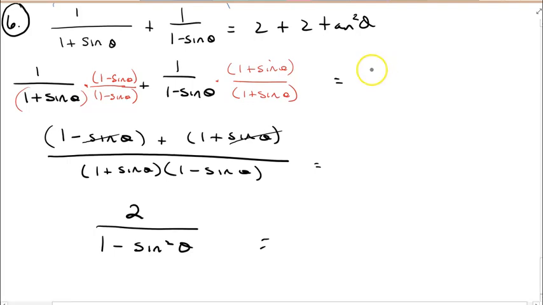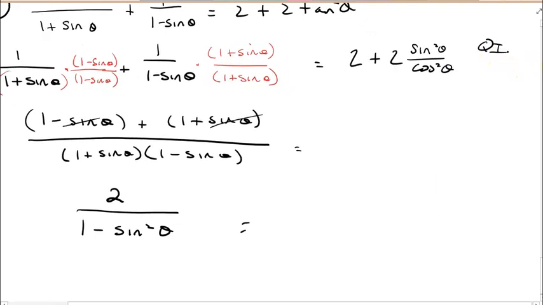Well, I think the obvious choice at first is to change tan squared into sine squared over cosine squared. And that was a quotient identity. And then I can get a common denominator.